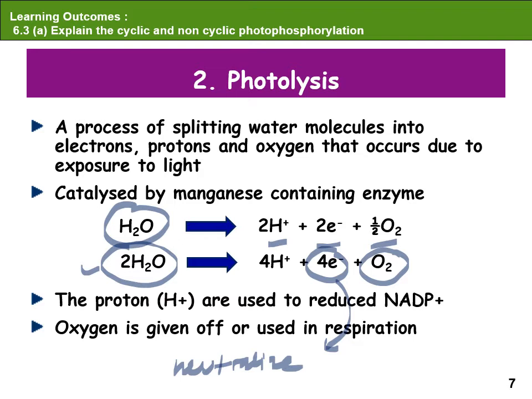Okay, untuk neutralizekan P680 the reaction center of P680 in the non-cyclic photophosphorylation. And the proton ni pula are used to reduce, okay, NADP plus to form NADPH. Dan satu lagi yang oksigen ni pula dia akan is given off or used in respiration.